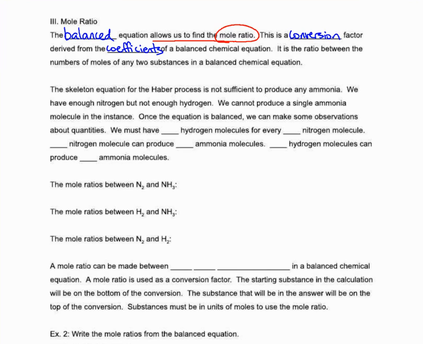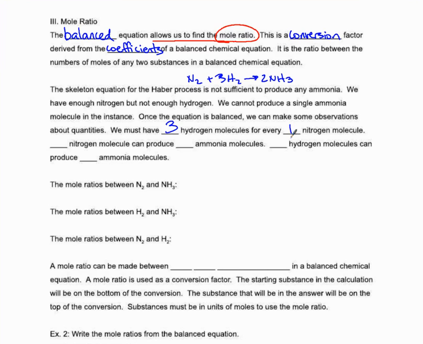Once the equation is balanced, we can make some observations about quantities. So we have to have 3 hydrogen molecules for every 1 nitrogen molecule.